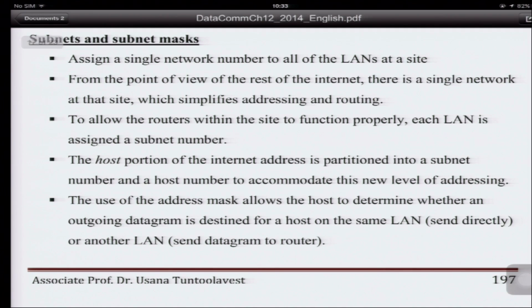So for the rest of the internet, when people outside look at Kasetsart at Bangkhen, or look at a company, they want it to look like only a single network at the site.